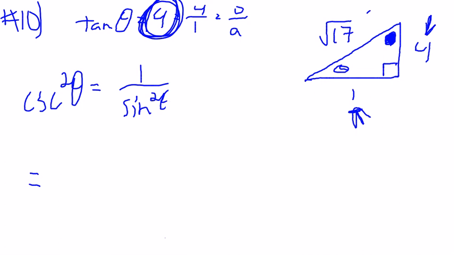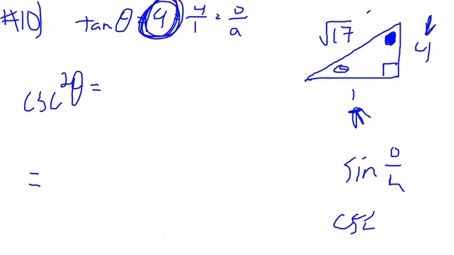Sine is O over H. Cosecant of the same angle is H over O. So instead of doing weird fraction stuff, I'm just going to do H over O and square it, because that's much easier.